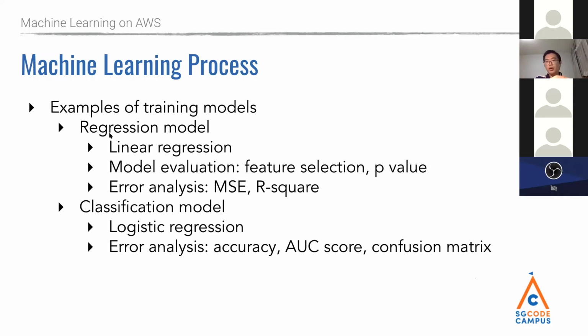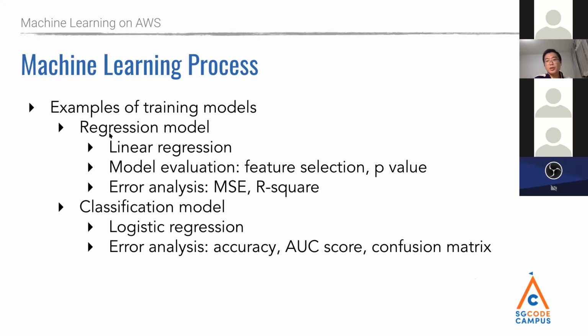If your outcome is a continuous and unbounded number, it falls into the category of regression. If your outcome is discrete and finite choices, a categorical outcome, then it's going to be a classification model.